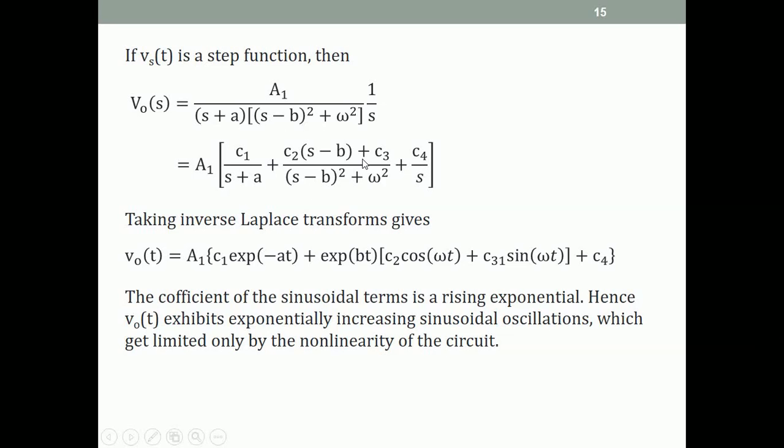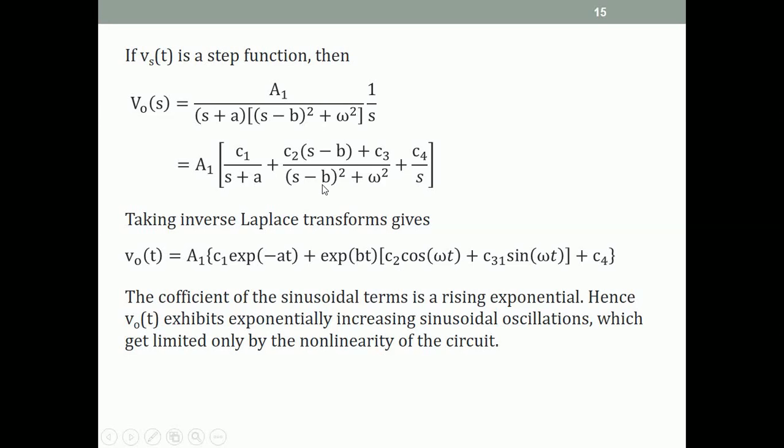If we take the inverse Laplace transform of this, the first term will give e raised to minus at, as before. The second term, because of this s minus b, will give an e raised to bt into cos omega t plus sin omega t, plus c4. This is e raised to plus bt because this is s minus b.